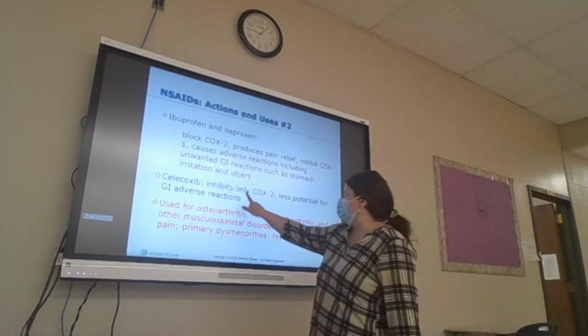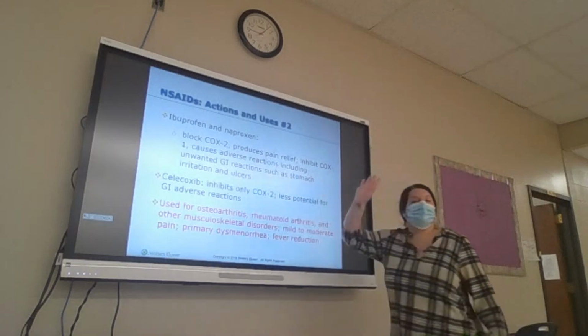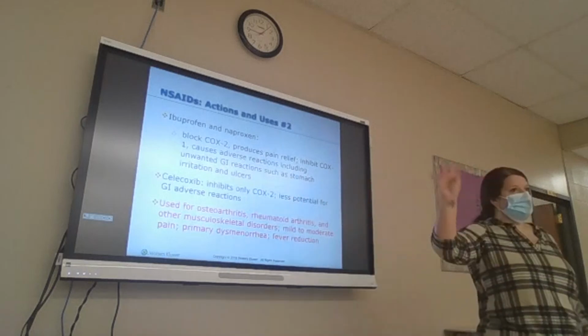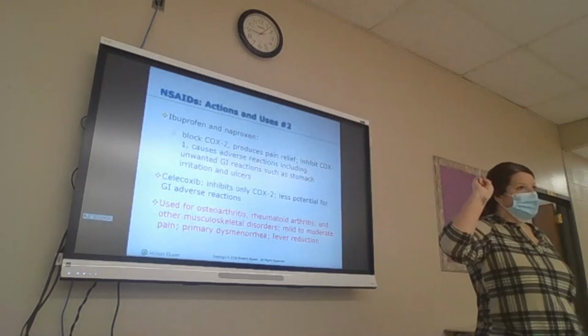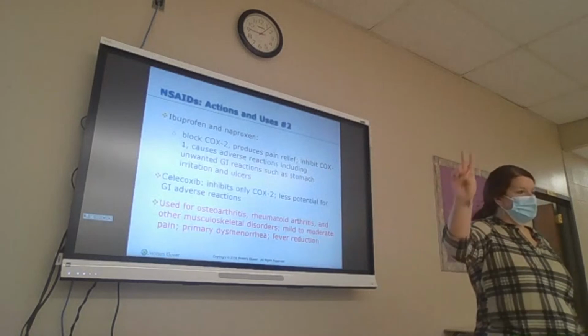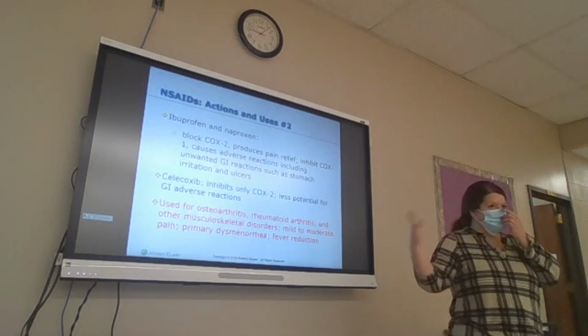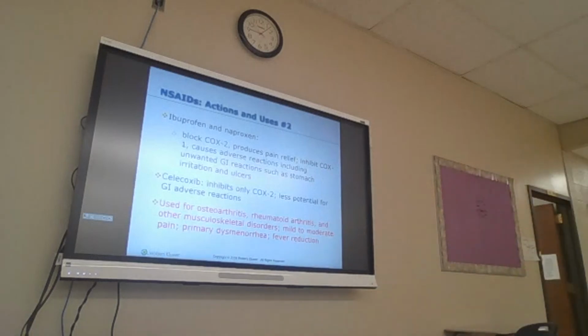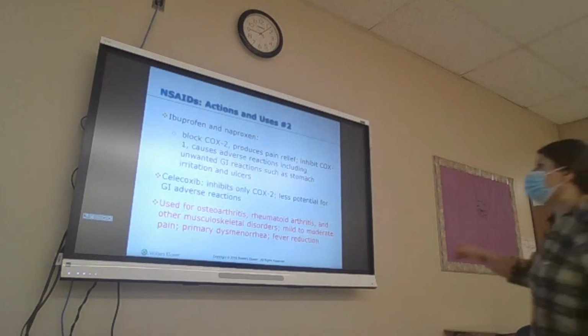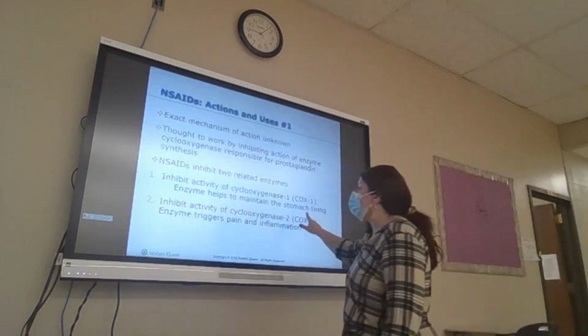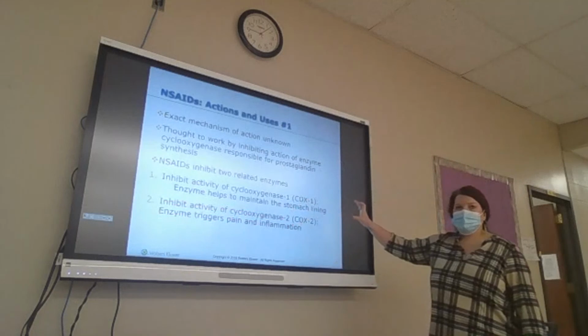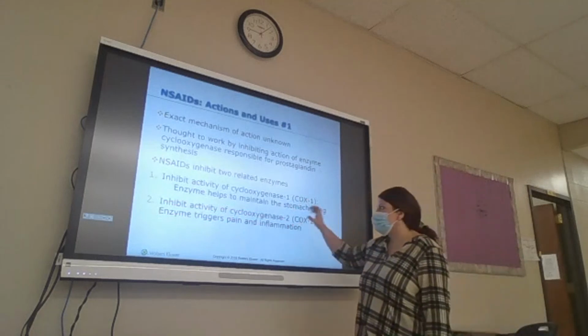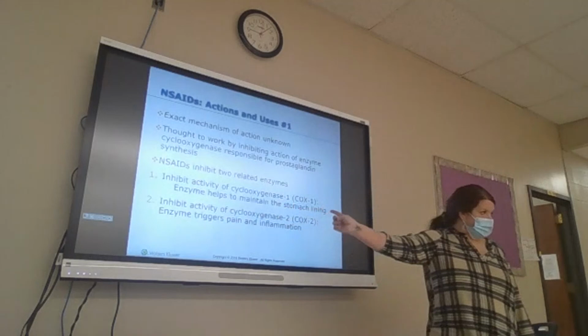So I want to go back. We said COX-2 is Celebrex. Everybody's got that in their brain? The only one that specifically acts on COX-2 is Celebrex. All of the other NSAIDs are somehow working with COX-1, maybe a little bit of COX-2. But did y'all see that one of the things COX-1 does is maintain the stomach lining?